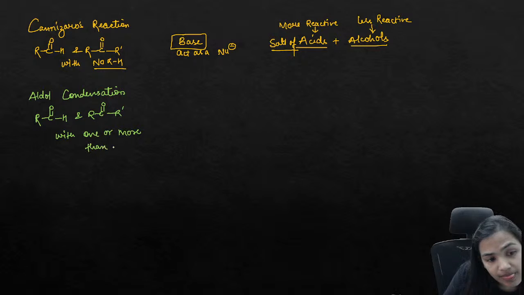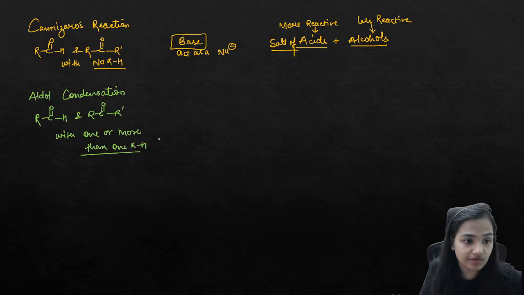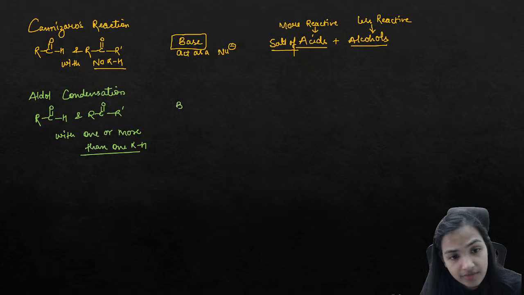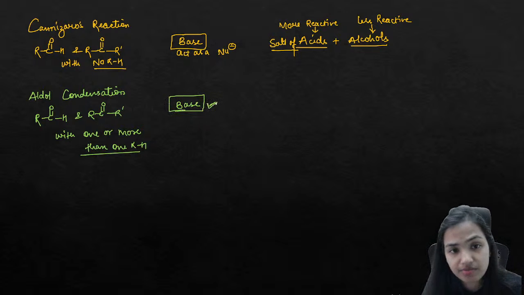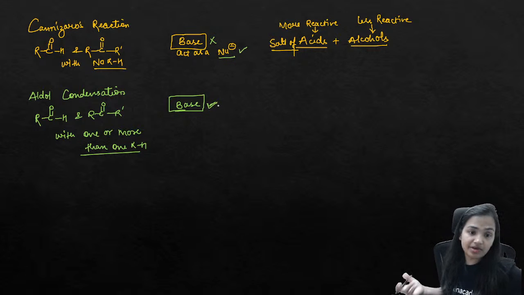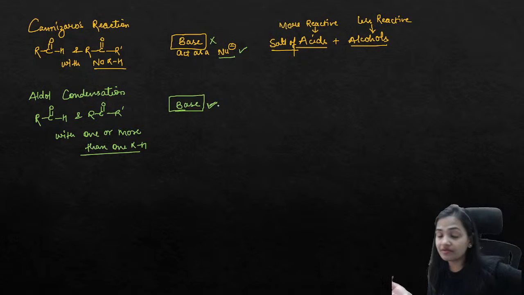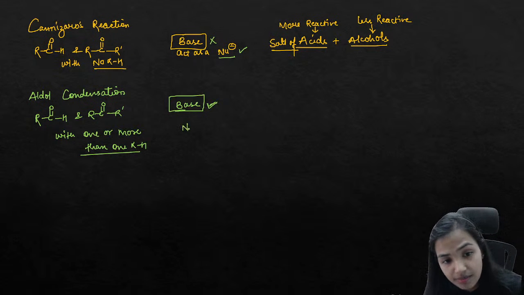Either one or more than one alpha hydrogen will work. Here we have a base, and it acts as a base only. And if it acts as a base, then it will attack the acidic hydrogen, generate a nucleophile, and do the nucleophilic addition mechanism.